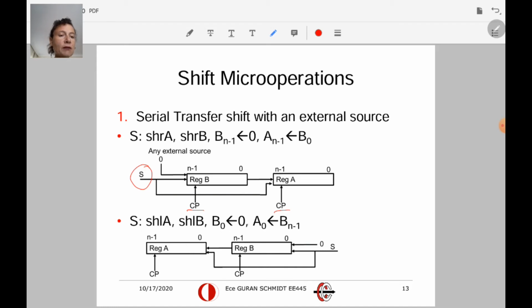So you can define these things as shift left A, shift left B. Here 0 is coming from the right, shifting left. So it's loaded into the least significant bit of B, and B's most significant bit is loading A's least significant bit.